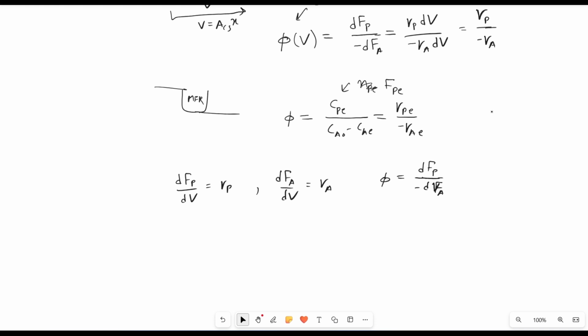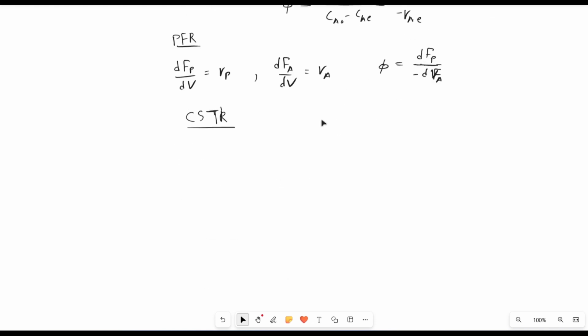In case of CSTR, suppose Fa naught plus Ra exit V equals Fa exit. Suppose the desired product is Fp.